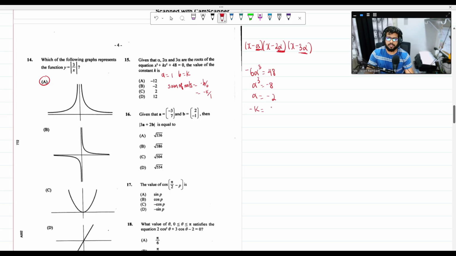So minus k is equal to alpha plus 2 alpha plus 3 alpha. So minus k is equal to minus 6 alpha cubed. If alpha is minus 2, minus k is minus 6 into minus 2. Well, we know what minus 6 alpha cubed is. That is 48.